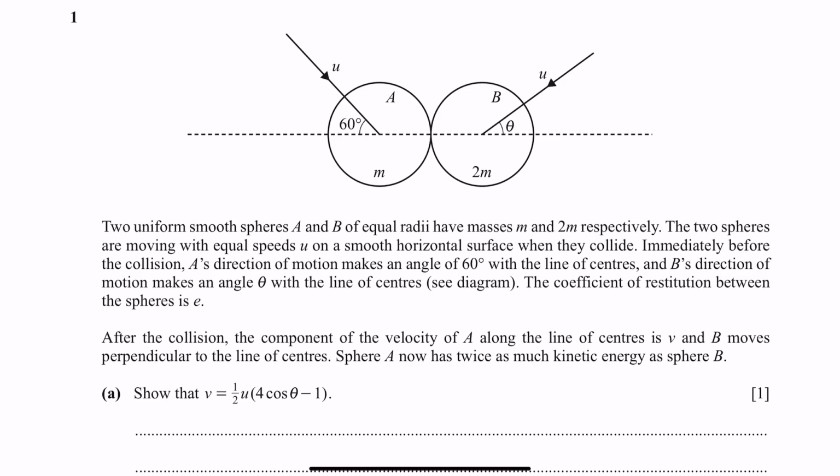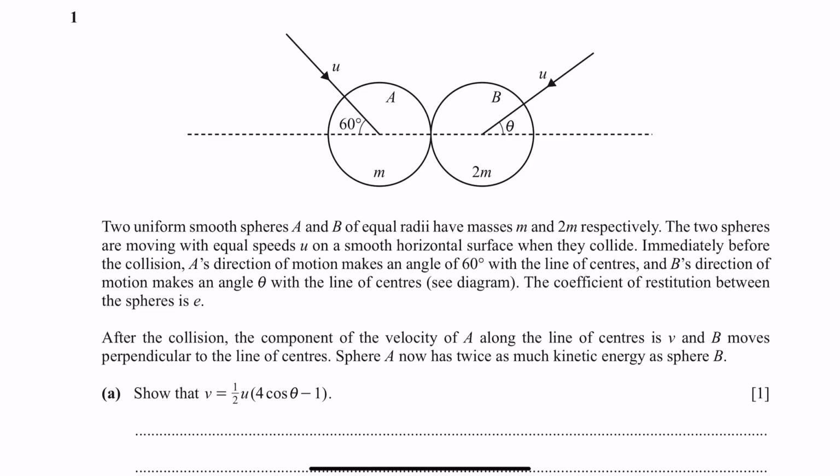So we have two spheres, A and B, and they have equal radii and masses m and 2m. They were moving at equal speed before the collision, and these are the angles they make to the line of centers. After the collision, the component of velocity of A along the line is v.